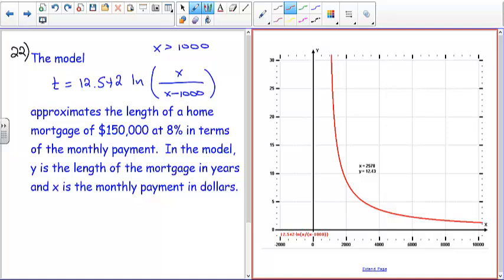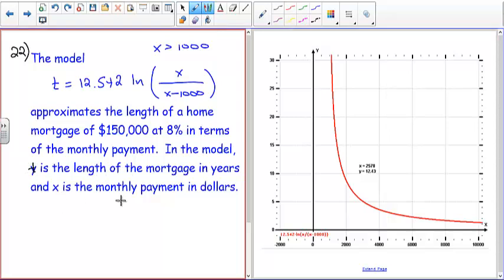Well, x is 150,000, so it's way above that. It says in the model, y is the length of the mortgage in years, actually t, I guess. So that should be t. And x is the monthly payment in dollars.